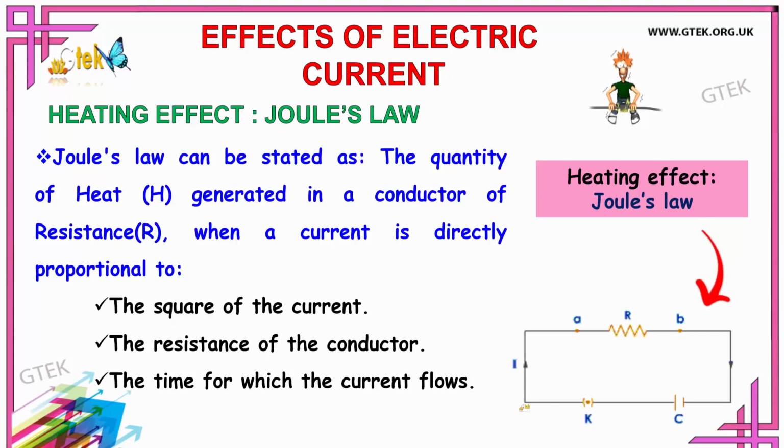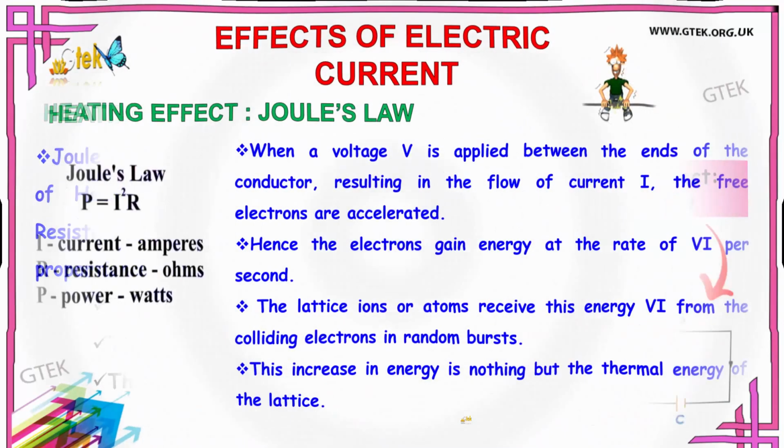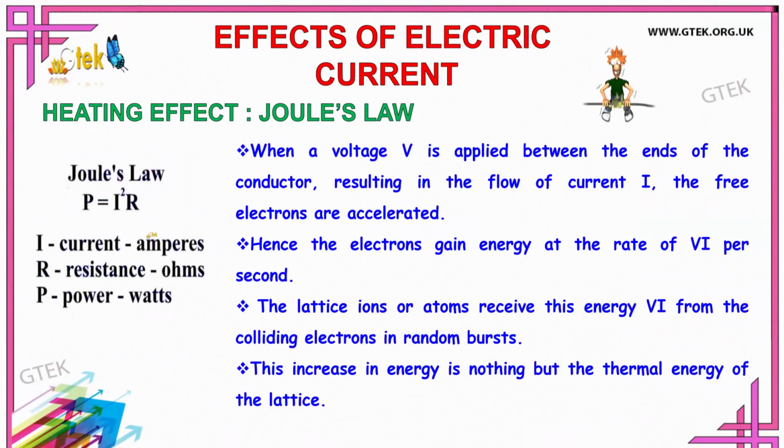This is the circuit representation of Joule's law. P is equal to I square R, where I represents the current in amperes, R represents the resistance in ohms, and P represents the power in watts.